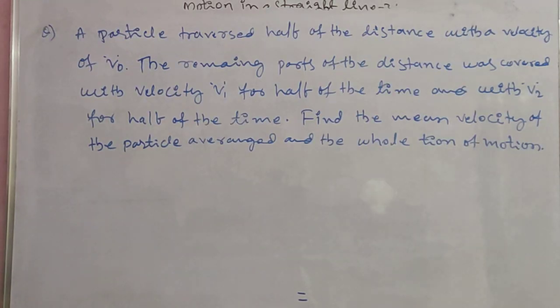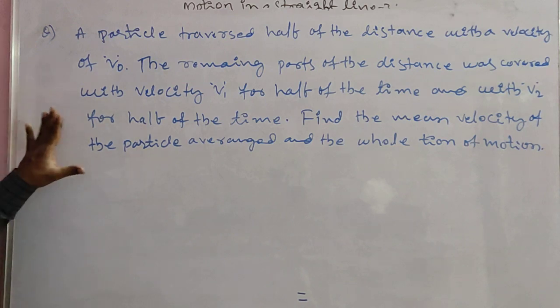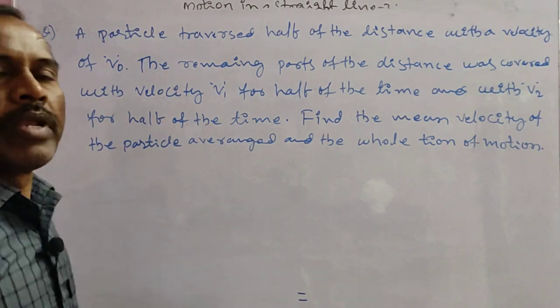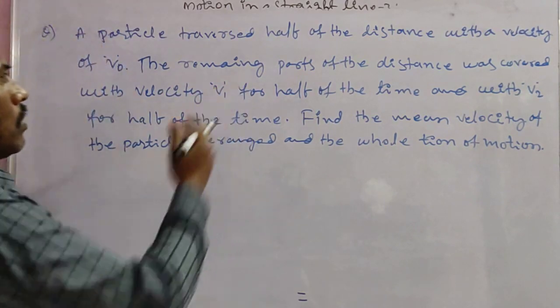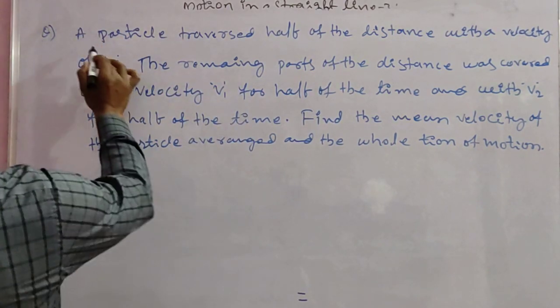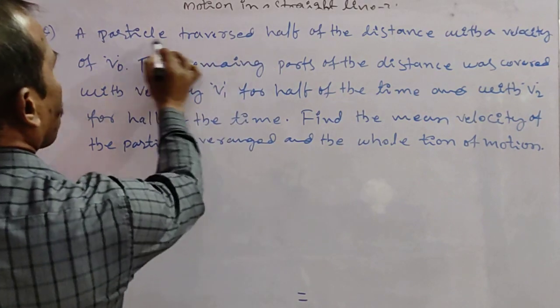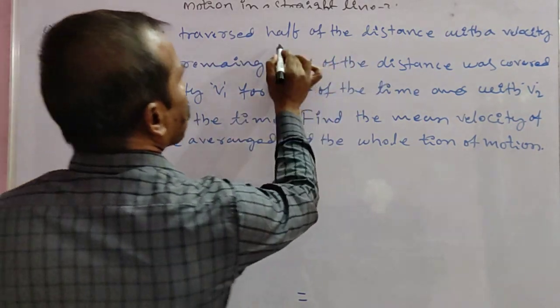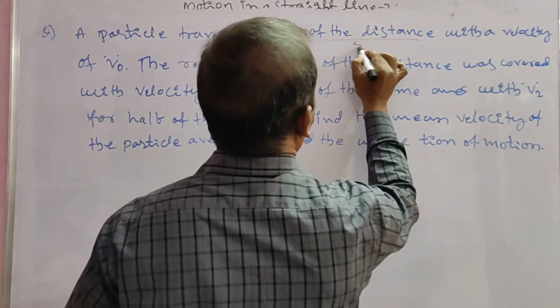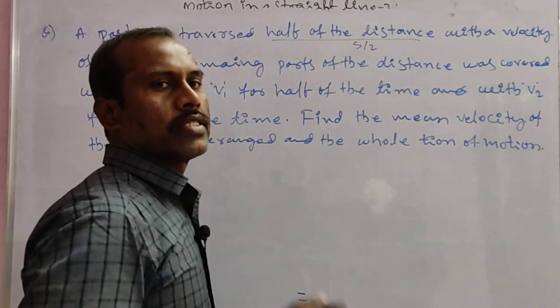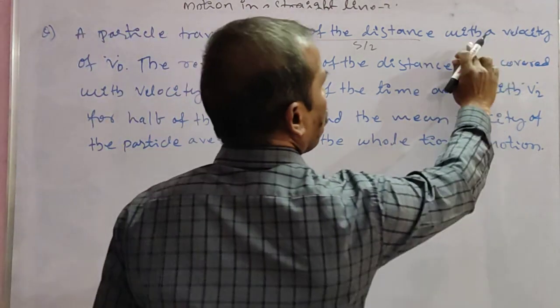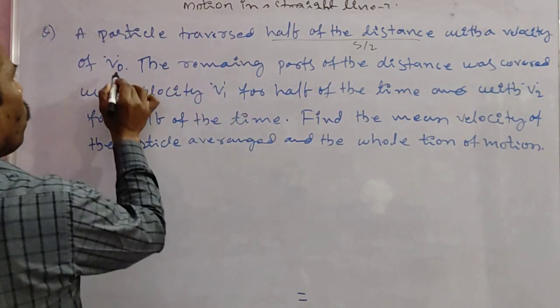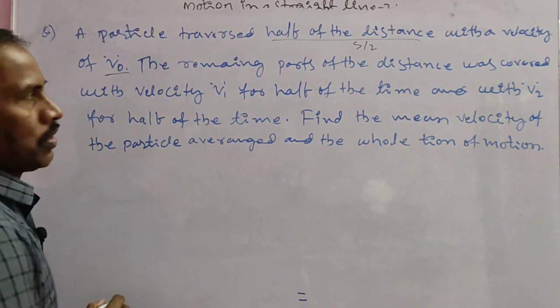Very interesting problem. This problem is related to the previous equations, previous formulas. First of all, see the problem: a particle traversed half of the distance, for example total distance is s, half of the distance s by 2, with velocity v0.